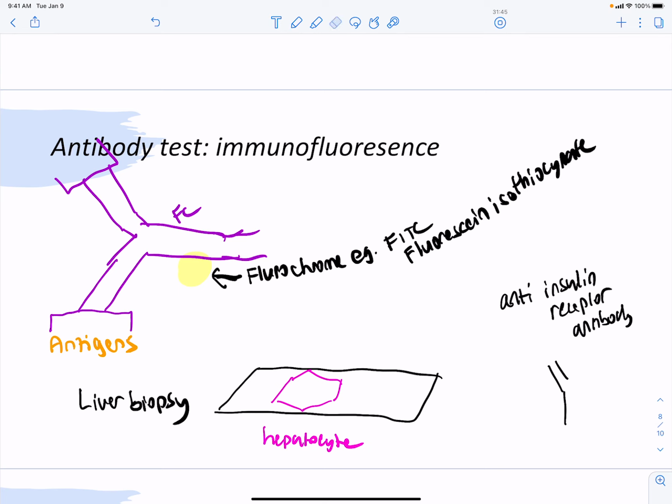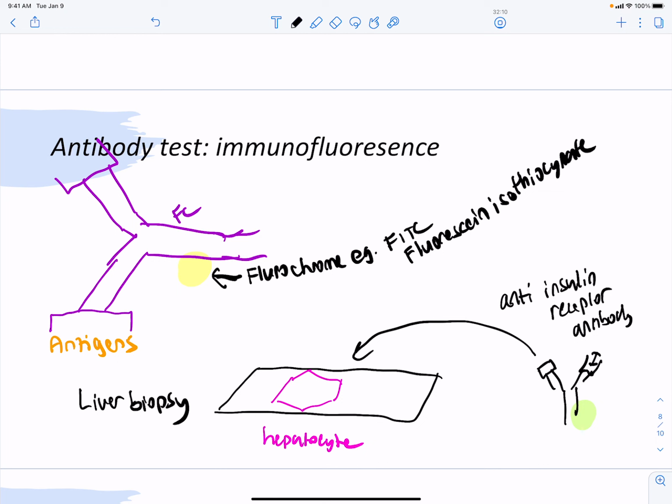And so this would bind to insulin receptor, so I'm putting an I there. And then this antibody will be tagged with a fluorescent marker. Let's say it's green. You basically add this antibody to your slide.